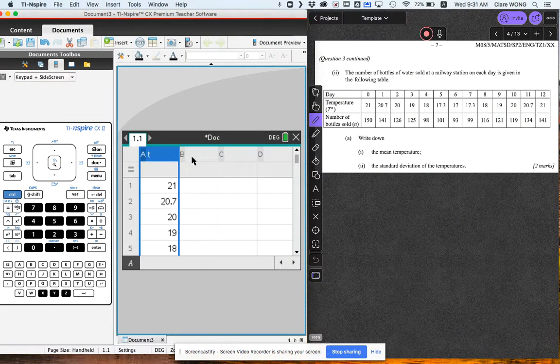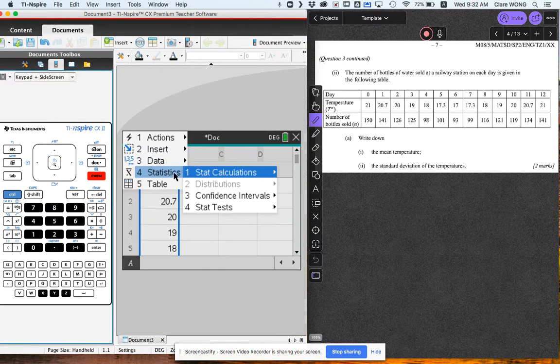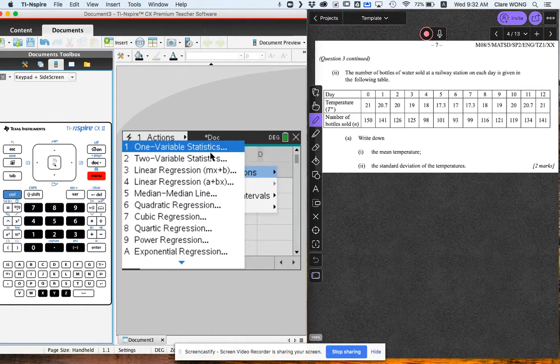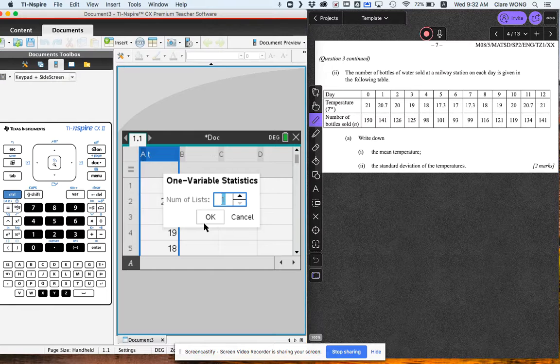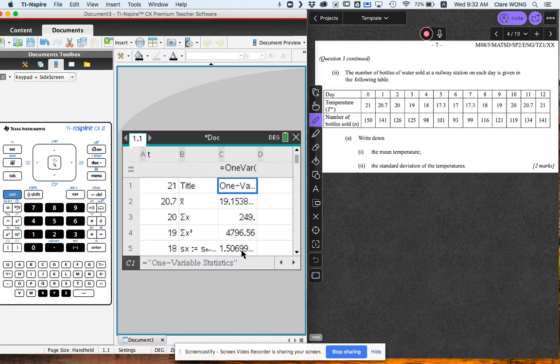Right, everything is entered, the temperature, and we are going to repeat statistics, stats calculation. Now we only have temperature to deal with, so we are going to do one variable stats. So it says write down A, write down, definitely all 1 mark questions.